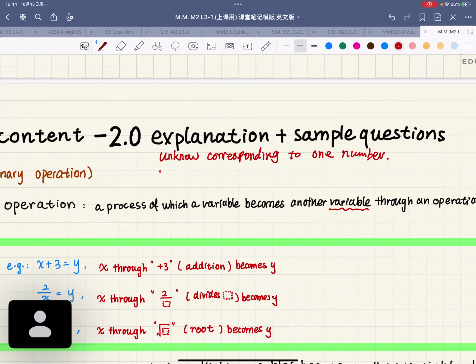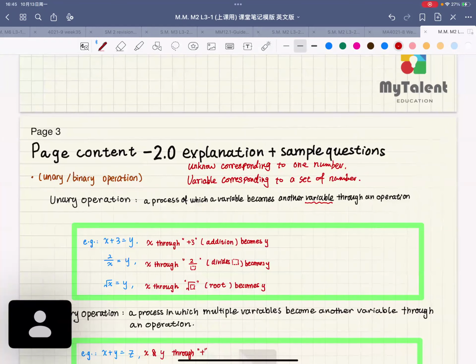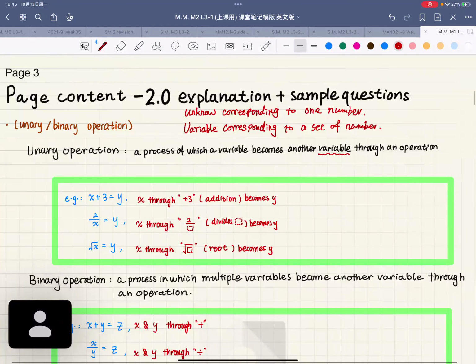Okay, and variable corresponds to a set of numbers. All right, that's the difference between variable and unknown. Okay, now let's get into unary operation. Okay, so what is unary operation?